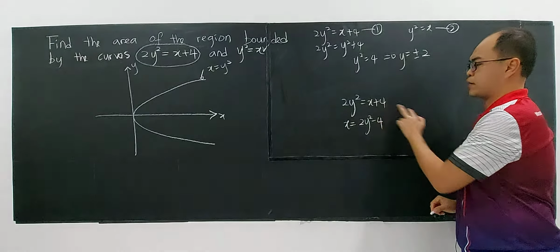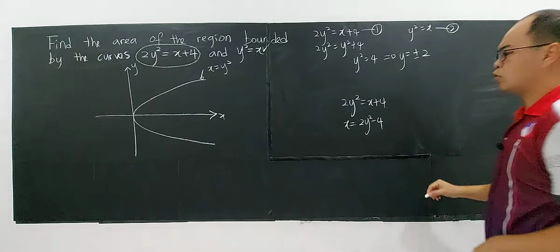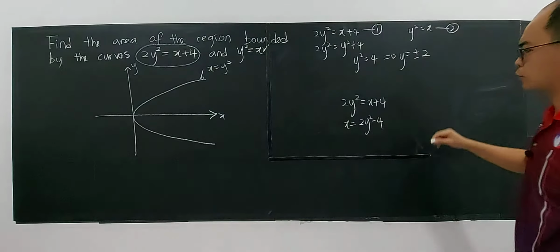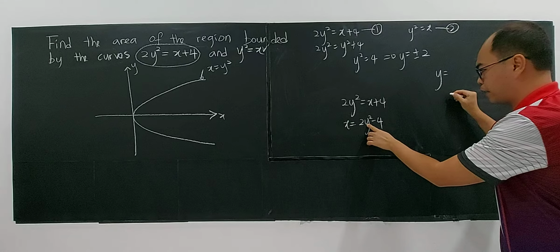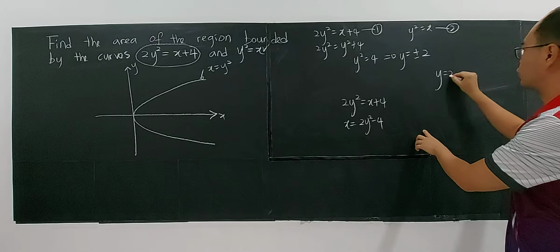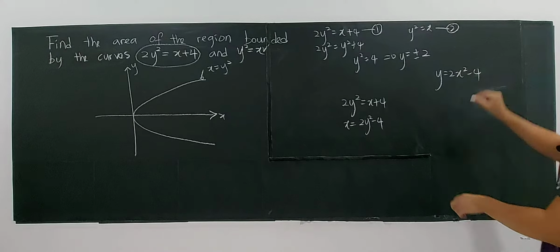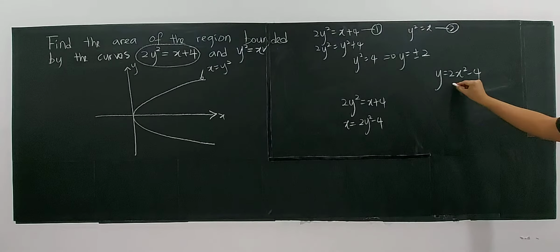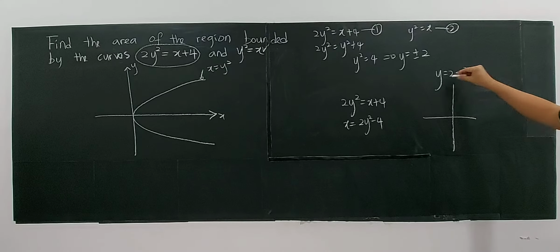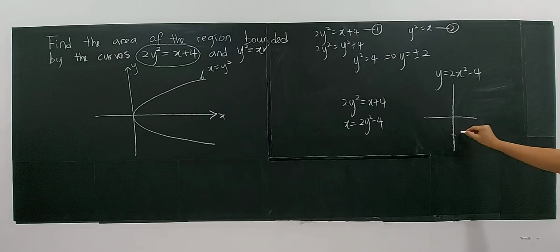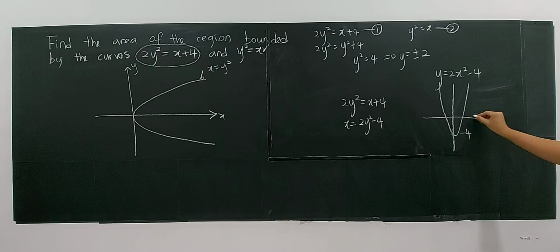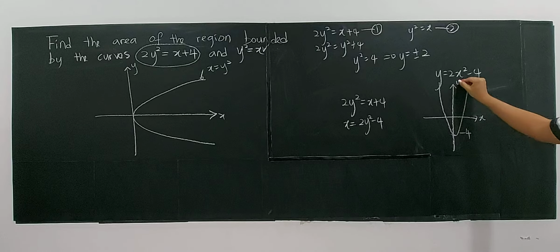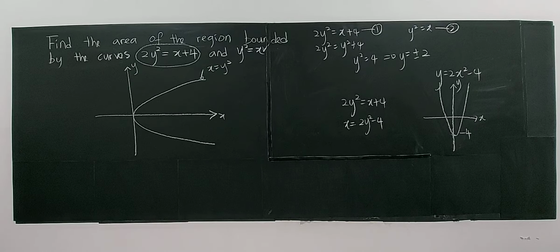I try to imagine in a way that x is y, and the y here is x squared, so 2x squared minus 4, yes or no? 2x squared minus 4 is very easy for you, right? So this is the graph. This is your x and this is your y-axis. This is the graph 2x squared minus 4.